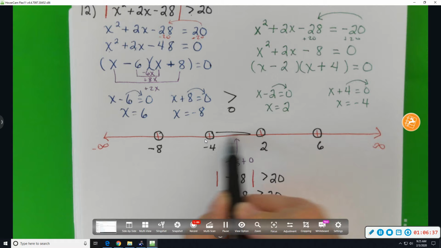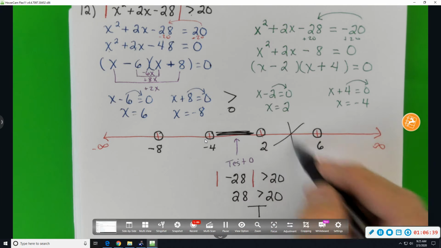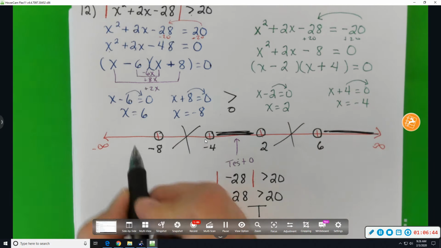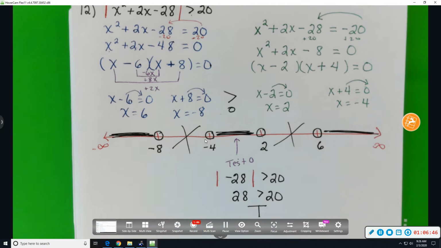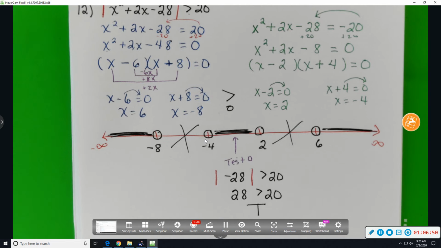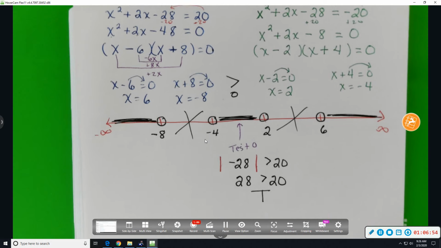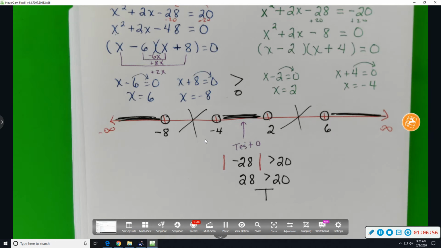So, true, false, true, false, true. Yeah, that's what I mean by alternating. Just like true, false, true, false, true, false.